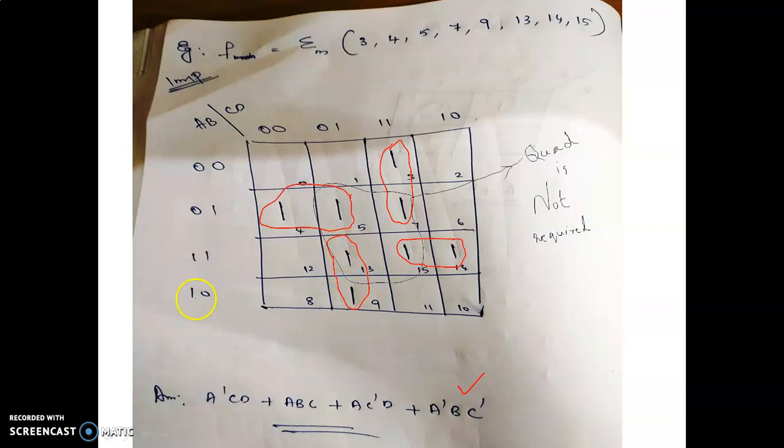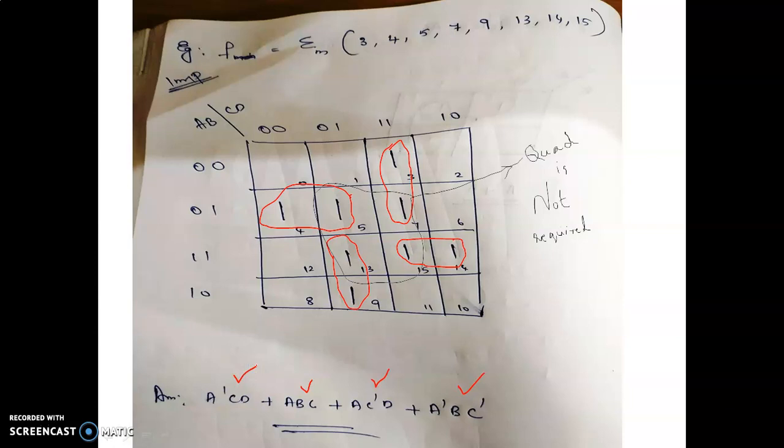It is A C bar D. What about this group? It is A B C. And what about this group? It is A bar C D. That is the minimized expression.